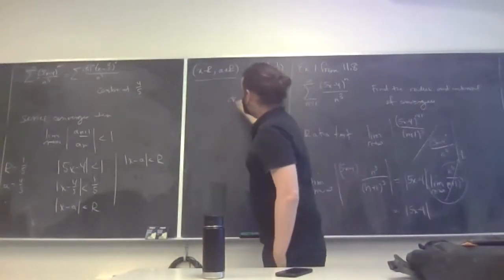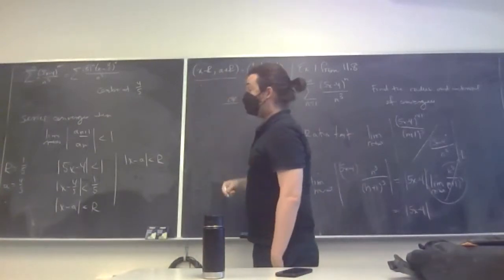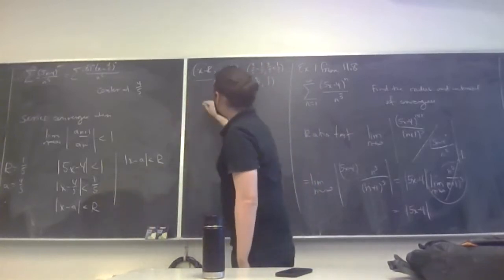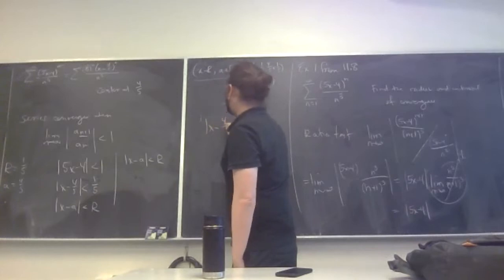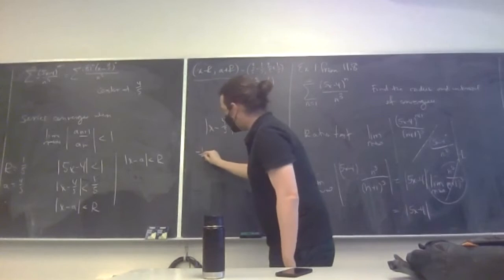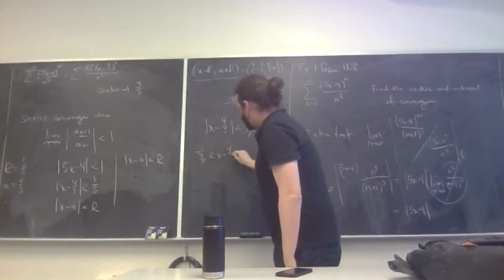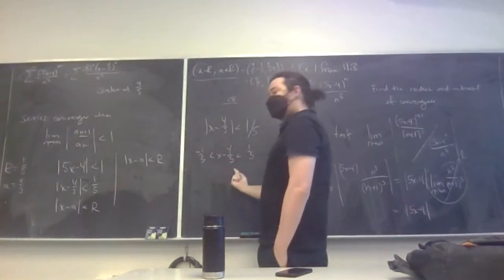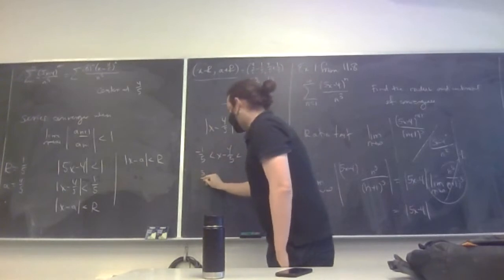Or if you don't like remembering formulas, and I don't, I much prefer to just work with algebra, you can just finish solving this equation. The absolute value of x minus 4/5 is less than 1/5 happens whenever minus 1/5 is less than x minus 4/5 is less than 1/5. Add 4/5 everywhere and you get the same thing.